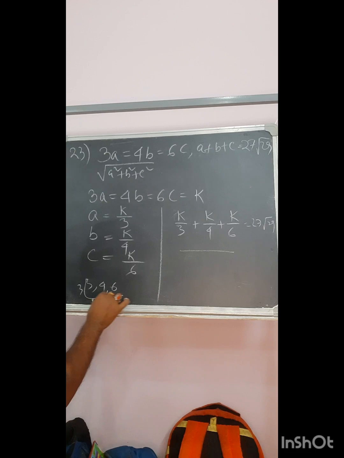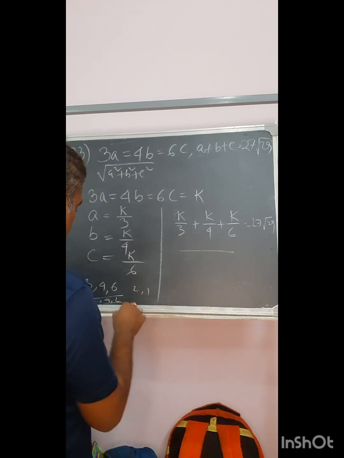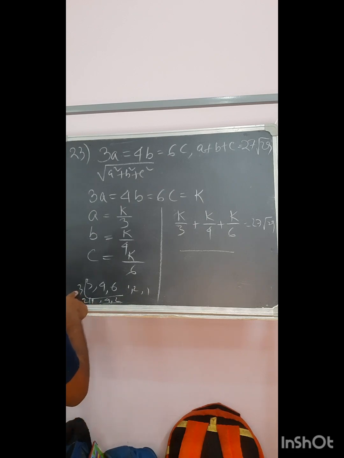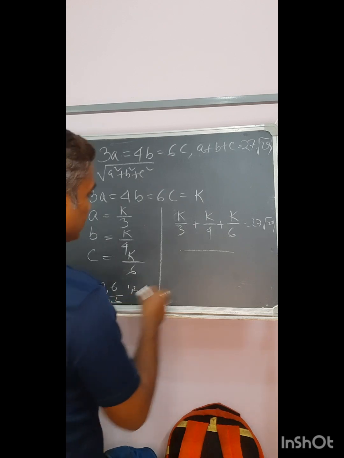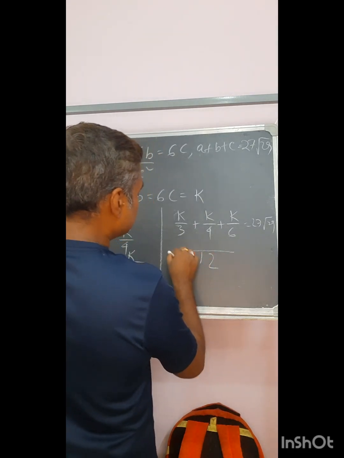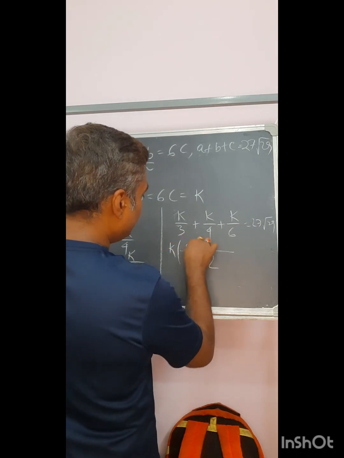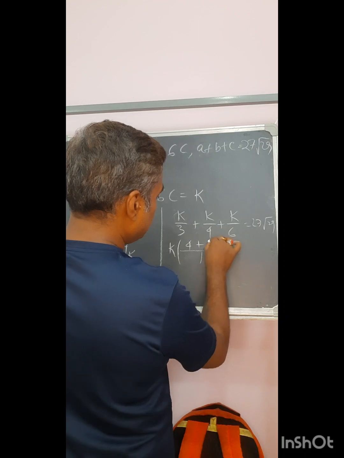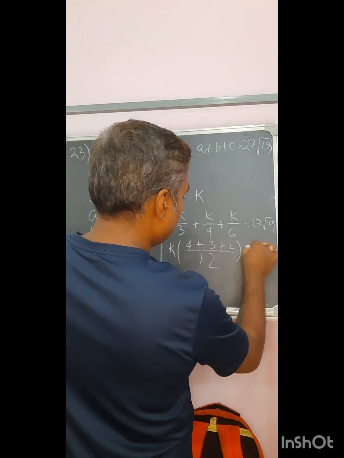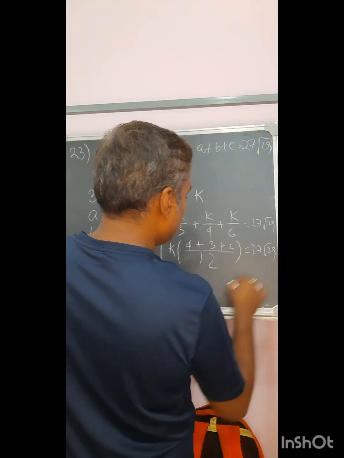Yes, 12. So k will be outside, 4 plus 3 plus 2 will be 9, upon 12, equals 27 root 29.